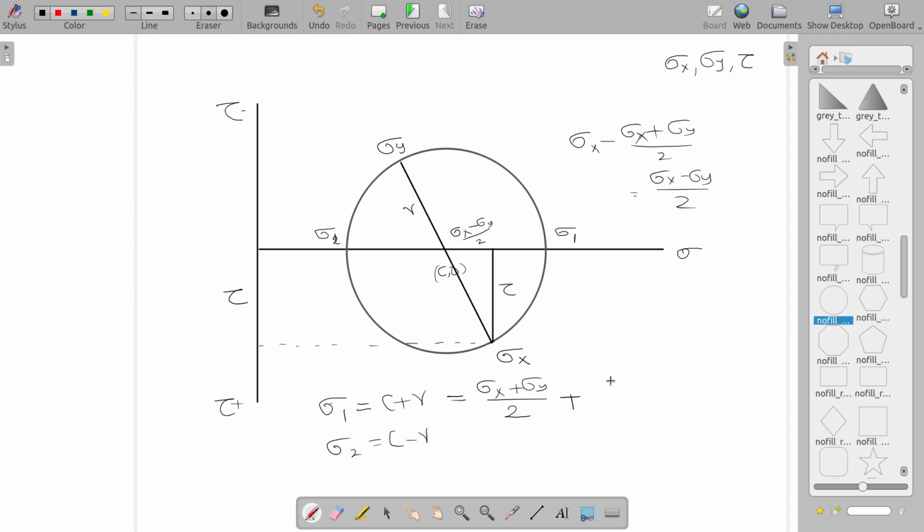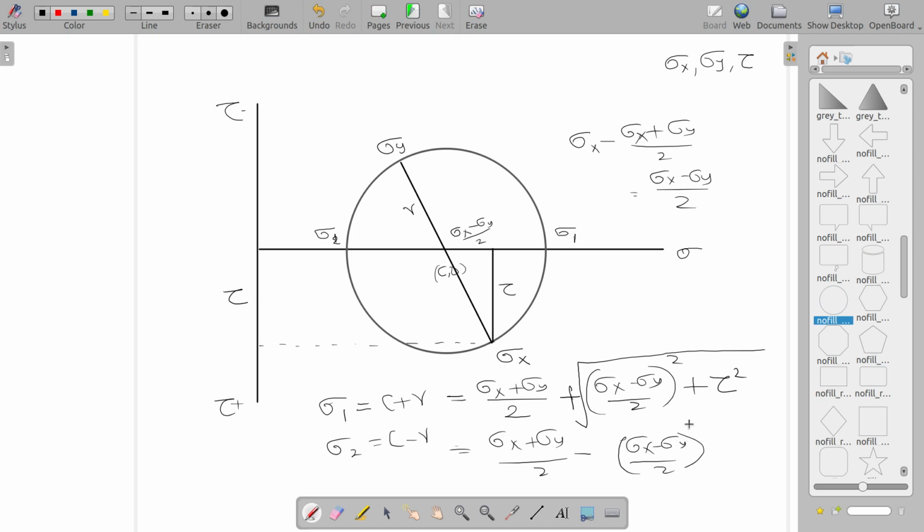So the radius will be equal to the square root of sigma x minus sigma y by 2 whole square plus tau xy square. Okay, I did not write xy, tau xy. So C minus R will be equal to the same thing, sigma x plus sigma y by 2. Instead of plus, you will have minus here. Sigma x minus sigma y by 2 whole square plus tau square.